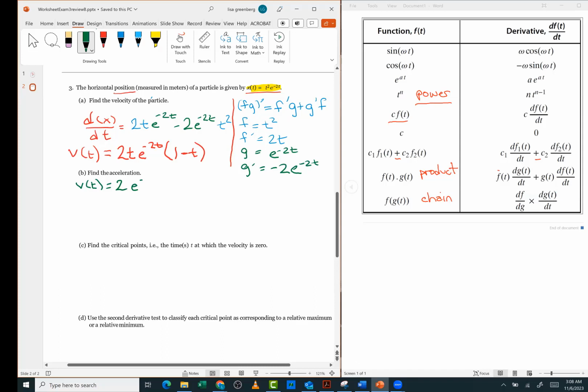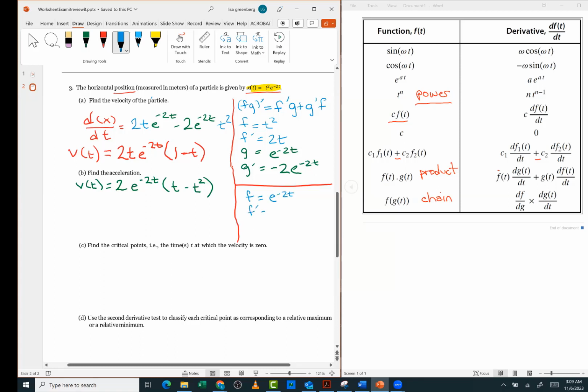I'm going to factor out this e to the minus 2t, and I'm going to multiply that t back into the function just for the purposes of taking the derivative. Now I have, and I'm not going to write everything, f is equal to e to the minus 2t.